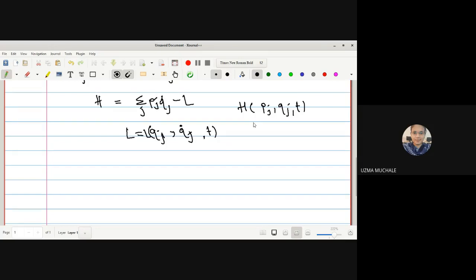At that time I told you that whenever one of the coordinates is absent, then dou L by dou qj is 0. What do you mean by dou L by dou qj being 0? qj is cyclic in L, but the corresponding qj dot is present.